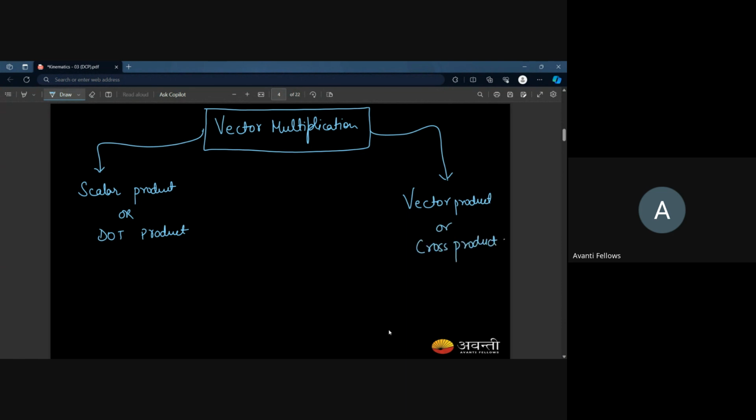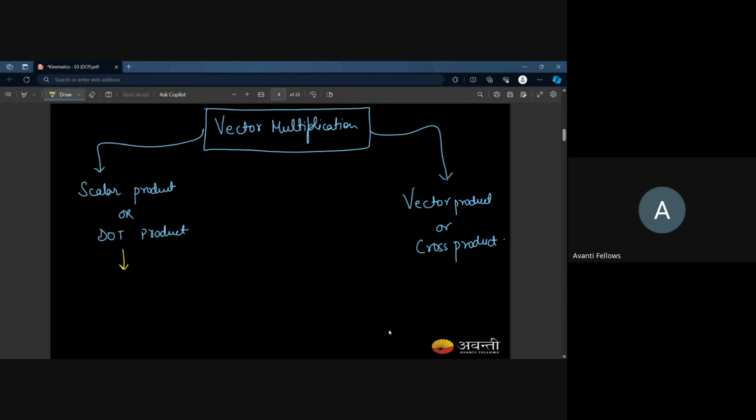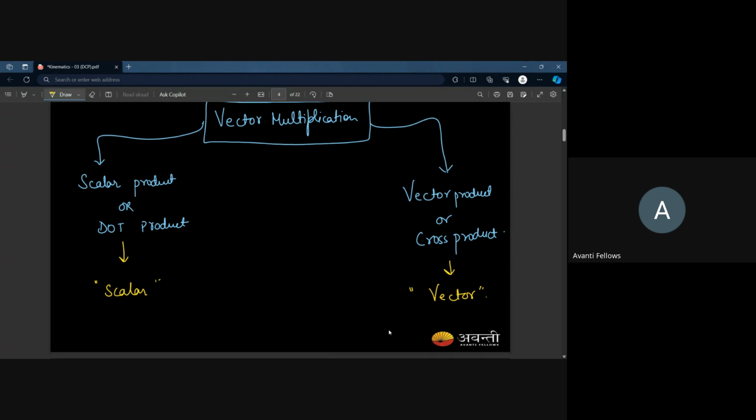Whenever you opt for the scalar product, you will always get a scalar in the result. And whenever you go through the vector product, you will get a vector as your result. It means that the dot product of two vectors gives me a scalar quantity, whereas the vector product of two vectors results in a vector.